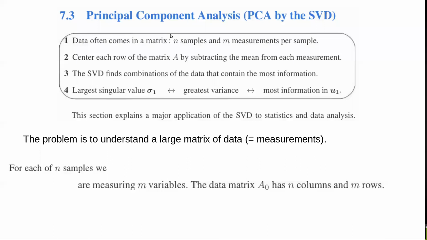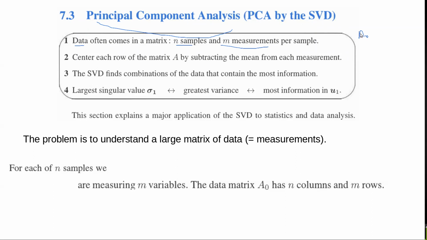It's commonly used. Say we have some data matrix, let's call it A naught, which has n samples and m measurements, so m model parameters or m measurements.